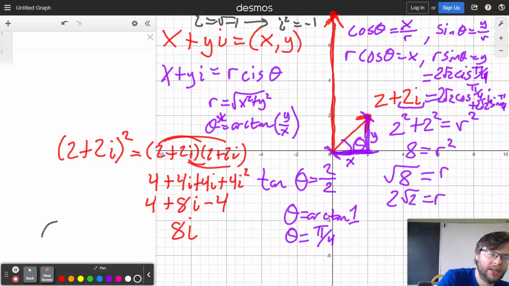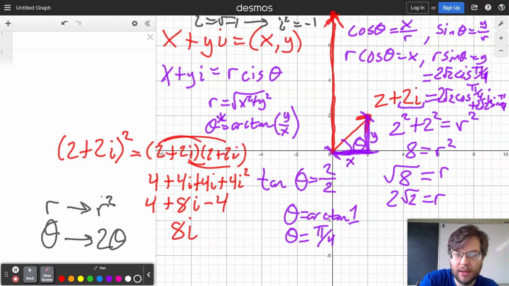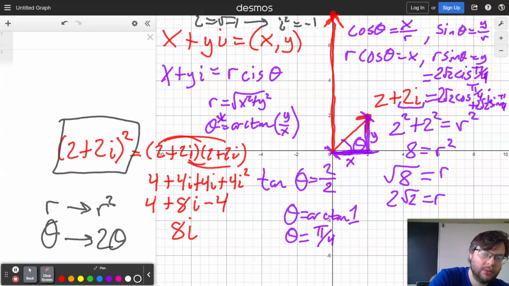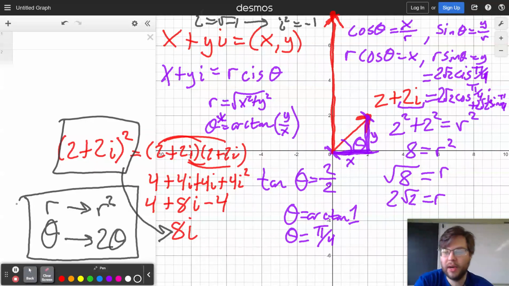My old theta got switched into 2 times theta. My old r got switched into r squared. It's not obvious that 2 plus 2i squared would transform into 8i, but these conjectures down here are a lot more obvious of something that would happen.